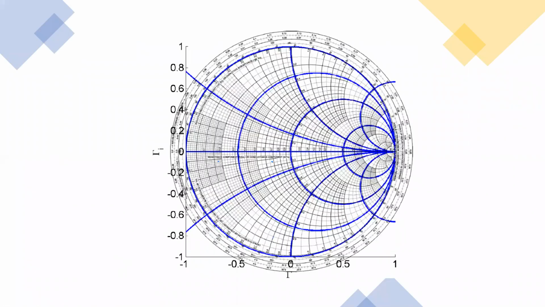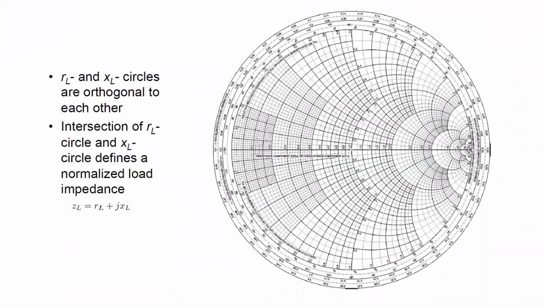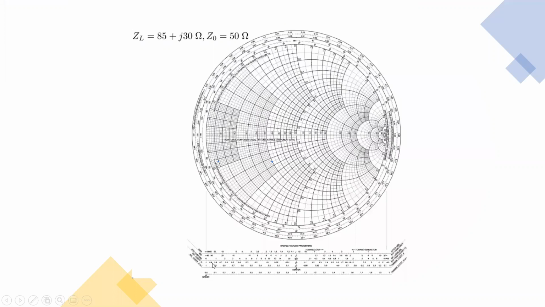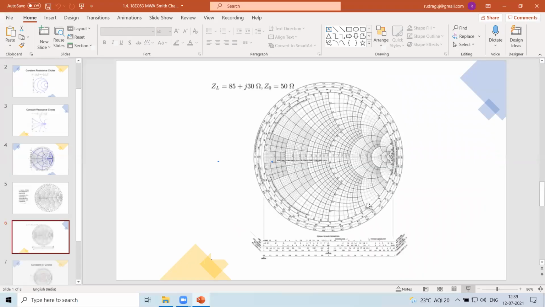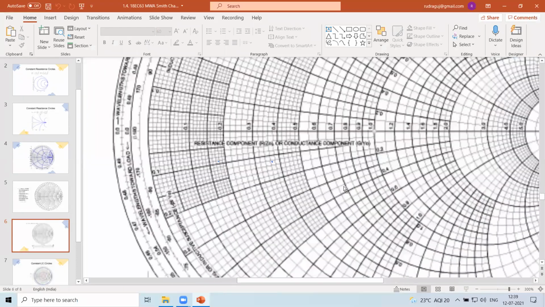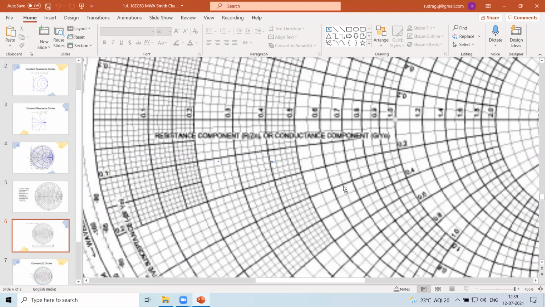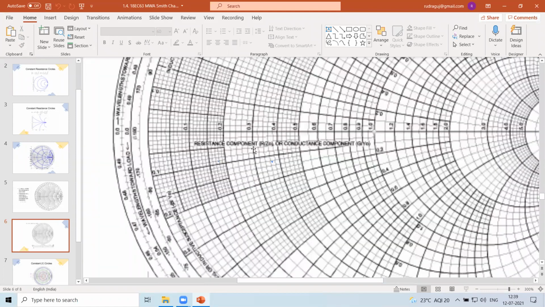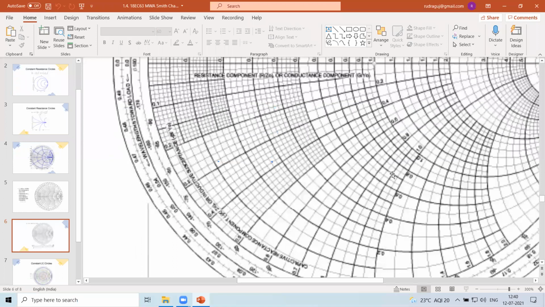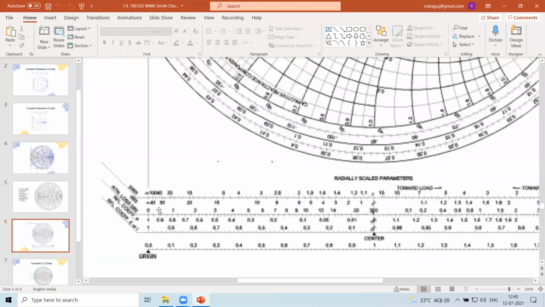Before going into this, this is basically a Smith chart. Here you can see that there are some circles, intersection points and other steps. On the Smith chart, you will be able to observe a few of the parameters which are specified. Here you can see that there are different parameters which you can obtain.